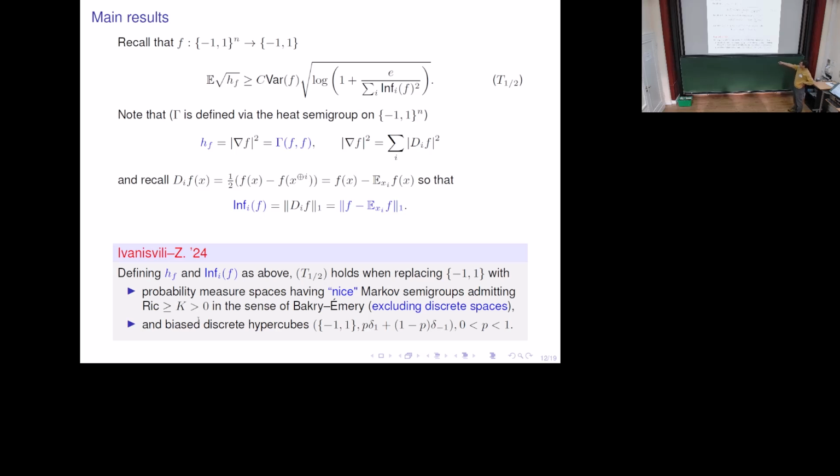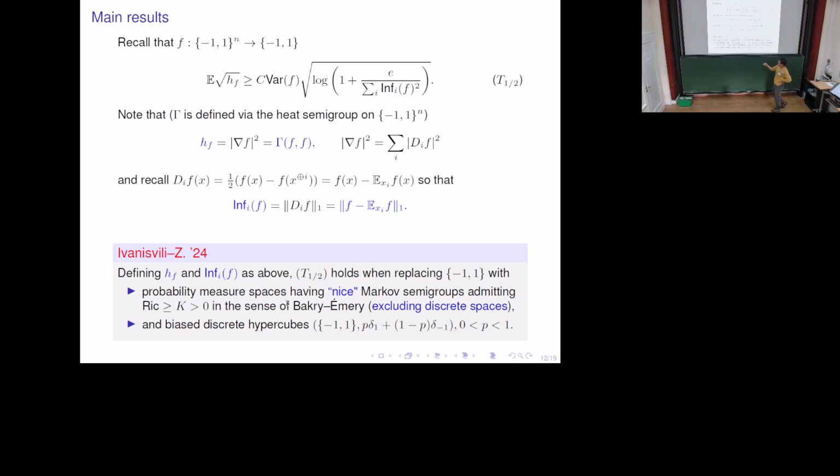But as I said, I assume some nice property, something like a chain rule, to be true, and unfortunately this will exclude some discrete examples, such as the discrete hypercube. So even this result, which is very general on one hand, does not include the ±1 discrete hypercube. That is the starting point of the story.